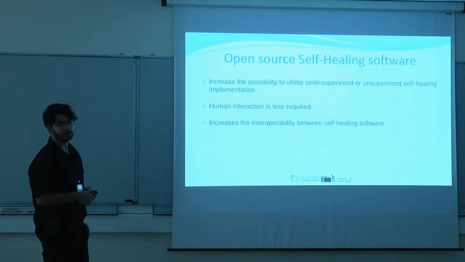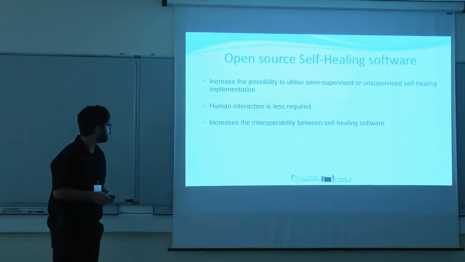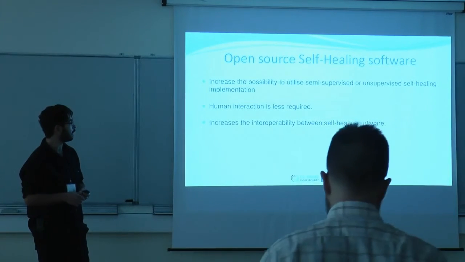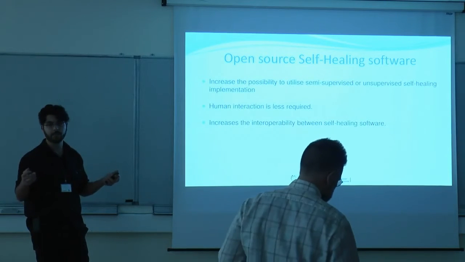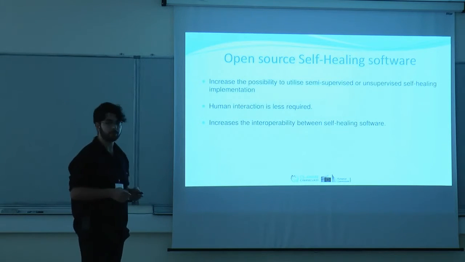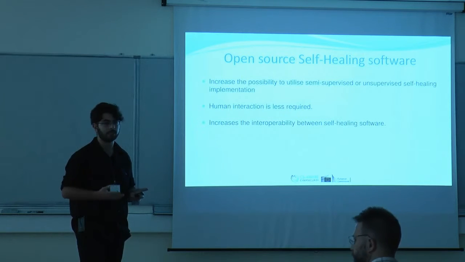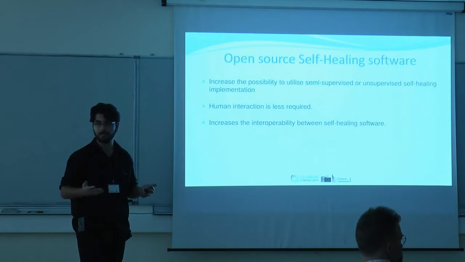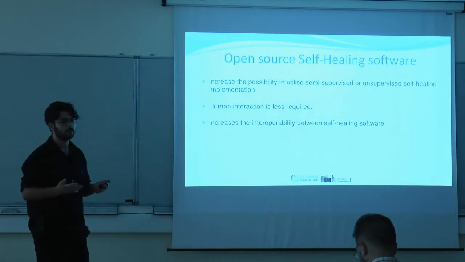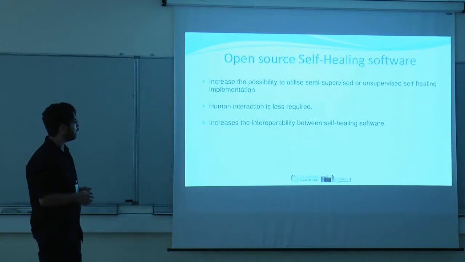Human interaction is less required, which is linked to the previous bullet, and it increases the interoperability between self-healing software, which is really important, and it's increased because more people are involved. They want to create something that can be used by many, that can interoperate, and that's why open source facilitates the interoperability.